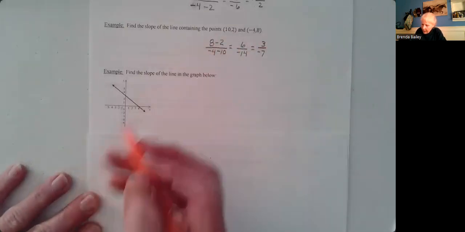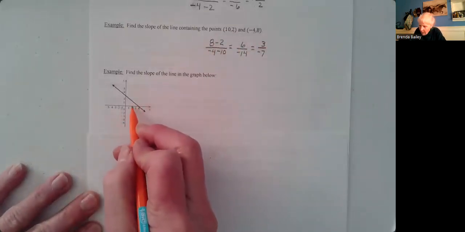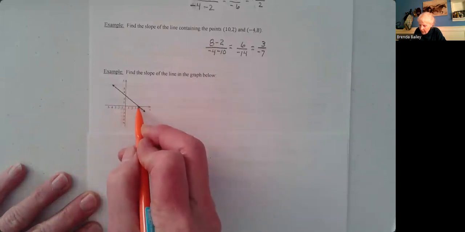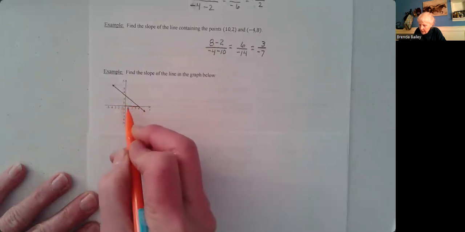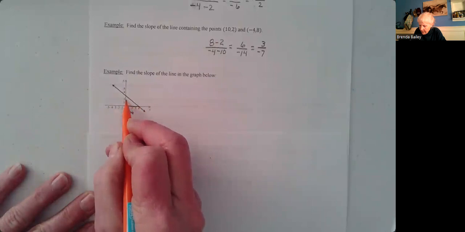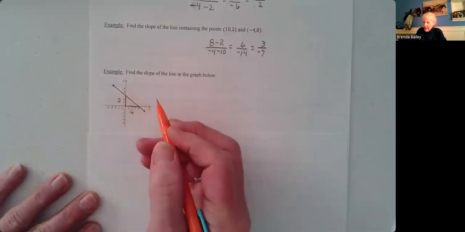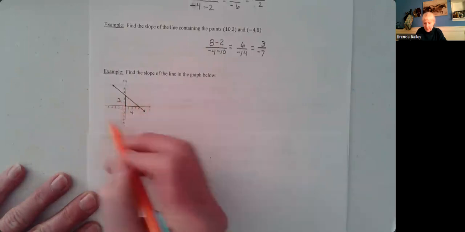You don't have to. You can actually count blocks if you wanted to. And so here you've got 4 blocks going from here to here. And then up here, you've got 3 blocks. Now that tells you what the slope is.